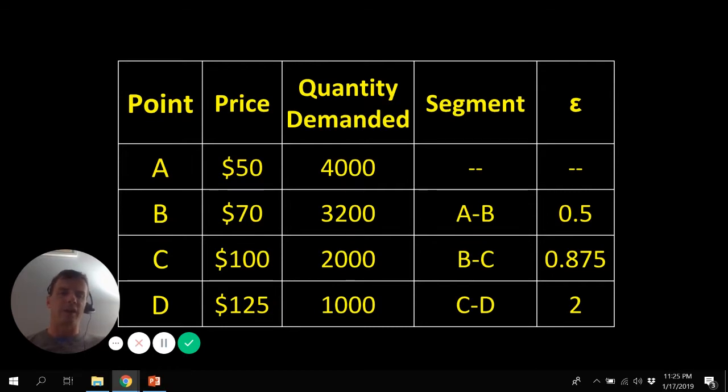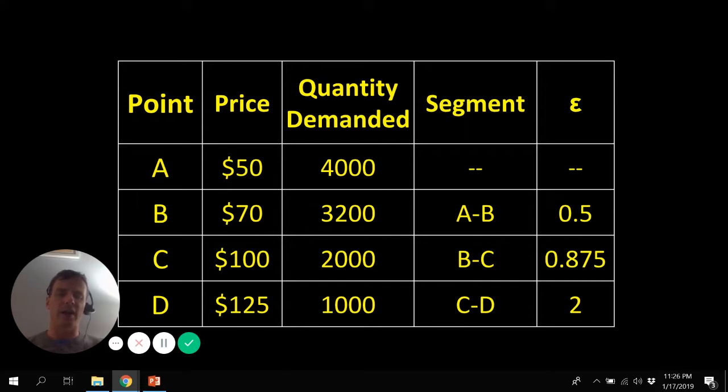The elasticity for the segment B to C would be 0.875, and then the price elasticity of demand between points C and D on the demand curve would be 2. These different values suggest that at different points along the demand curve, you have different levels of price elasticity, right? So when the price is lower, you have relatively inelastic demand.